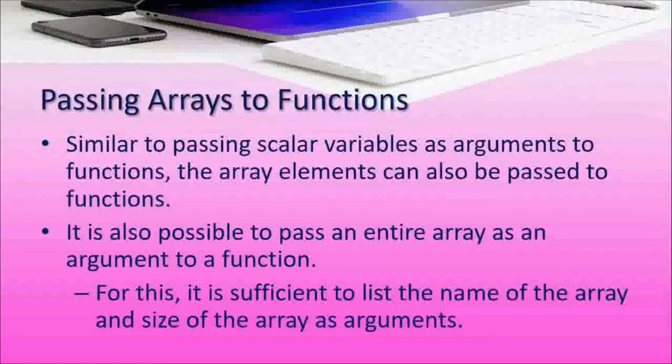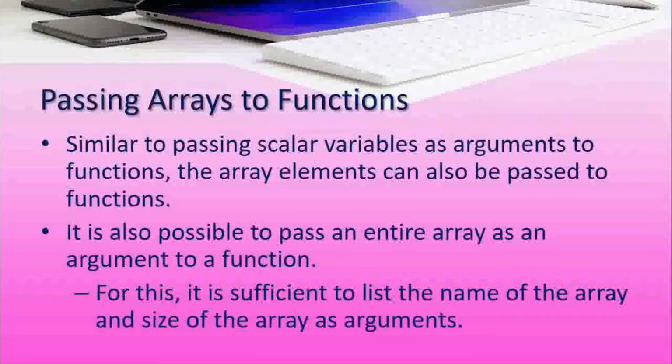Passing arrays to functions is similar to passing scalar variables as arguments, as parameters to functions. The only difference is that along with the name of the array, we have to give as an additional parameter the total number of elements in the array.